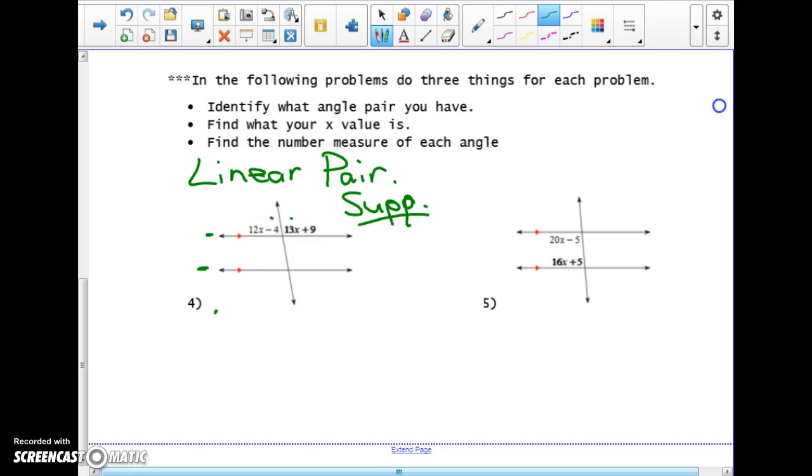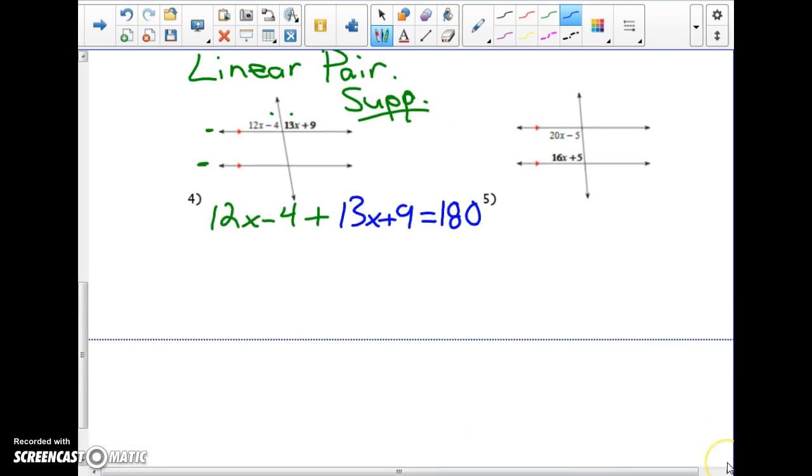Doing that, I'm going to take 12x minus 4 plus the other angle, which is 13x plus 9, and I'm going to set that equal to 180. Doing some algebra, I'm going to wind up with 12x plus 13x, which gives me 25x, and then negative 4 plus 9 gives me positive 5, equal 180.